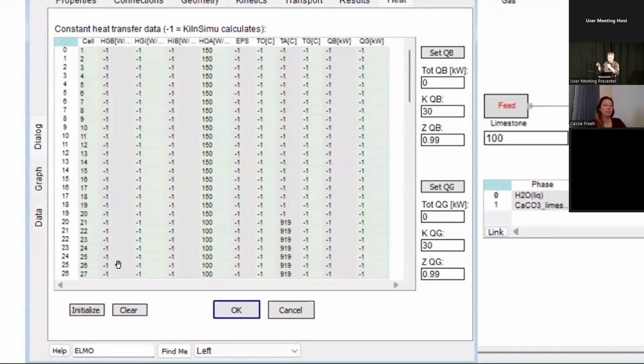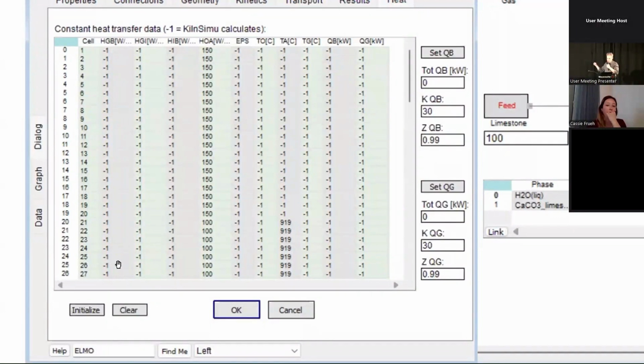HGP means the heat transfer coefficient between the gas and the bed. And HGI is the heat transfer coefficient between the gas and the inner surface of the wall. And HOA means the heat transfer coefficient between the outside surface of the kiln and the ambient or the surroundings. And also here TA is the temperature of the ambient.